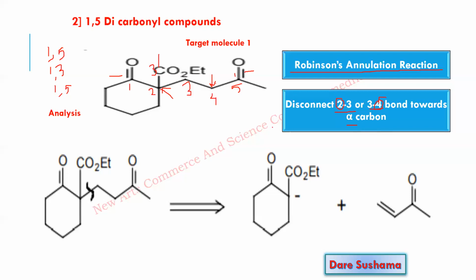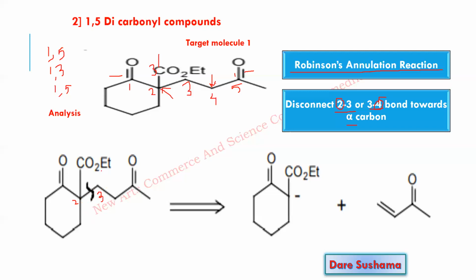Now the question arises, among these two possibilities, which is the best one? In this case the 2,3 disconnection is best. Why have we given preference to the 2,3 disconnection? You can see in the analysis that this is number 2 and this is number 3, so we have chosen the 2,3 disconnection.